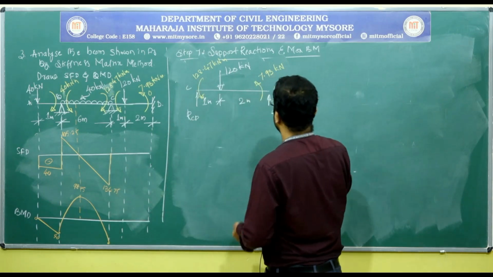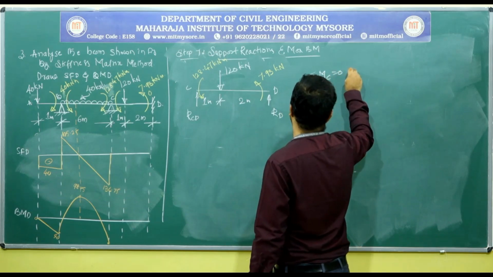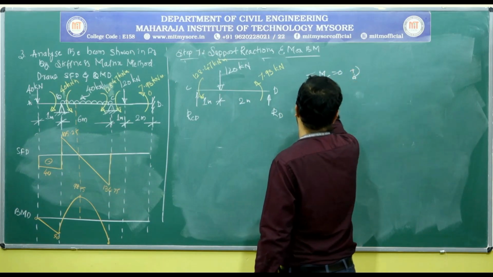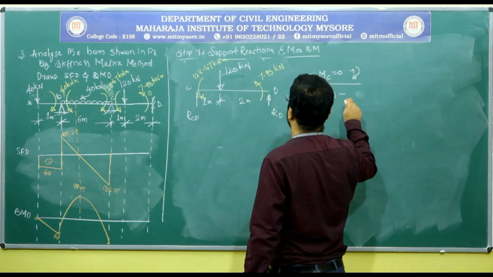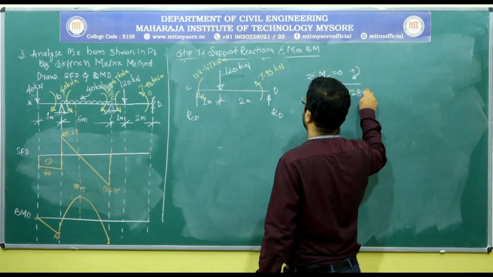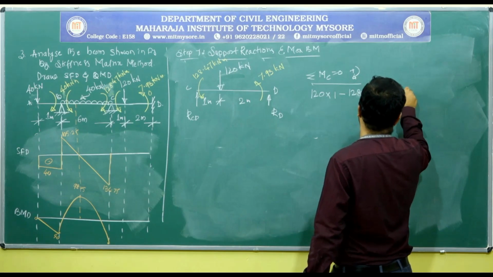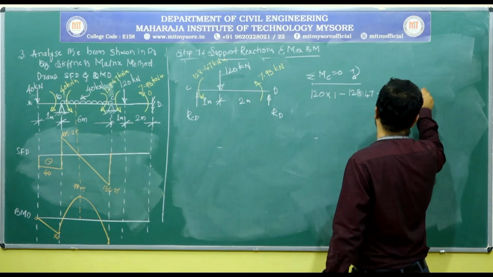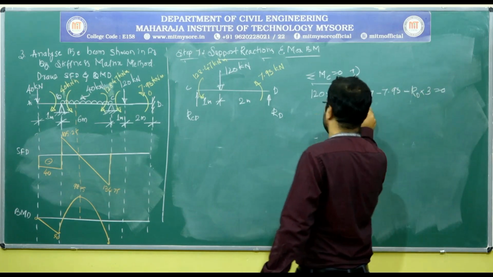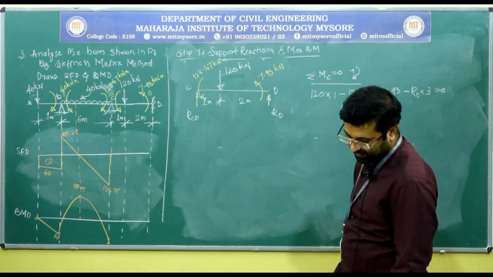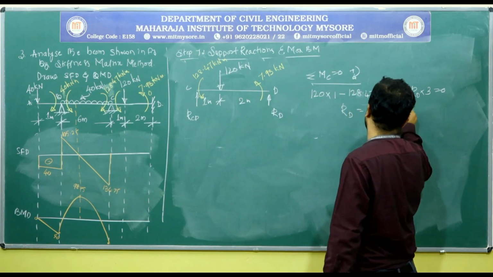So if I impose the equilibrium conditions, algebraic sum of moments about C, equating it to 0, considering clockwise as positive, I will get 120 into 1 minus of 128.47 minus of 7.93 minus of RD into 3 equals to 0. So here I will get the RD value as negative, minus 5.46 kilonewton.